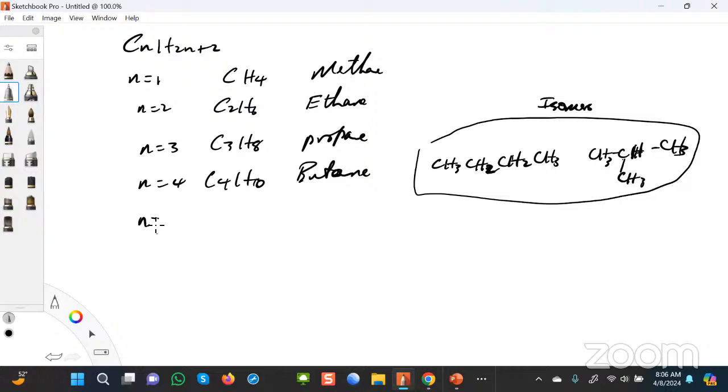And then if n is equal to 5, C5H12 would be the formula, and the name would be pentane. Again, you can have more than one structure fitting that formula.